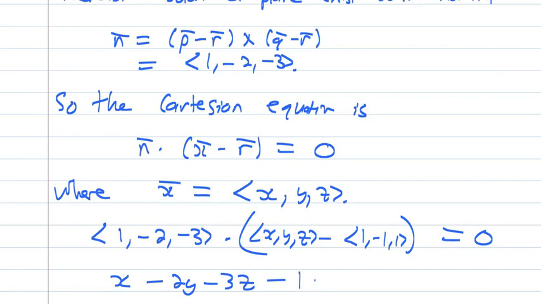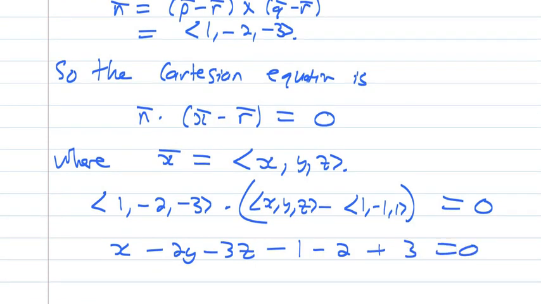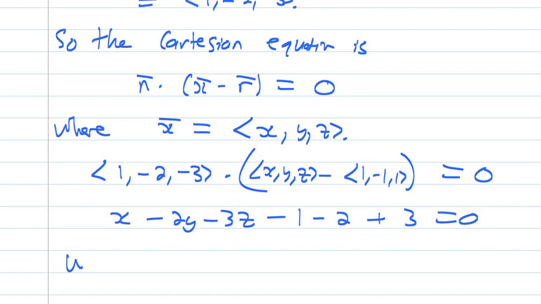So minus minus plus 1, that becomes minus 2. And then you get minus 1 is minus 1. Minus 1 times minus 3 becomes plus 3 is equal to 0. So if we simplify, we get x minus 2y minus 3z is equal to 0.